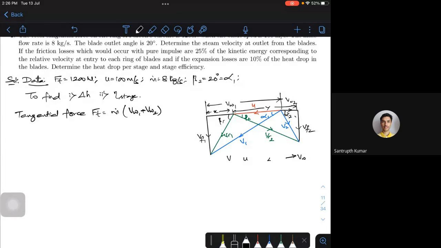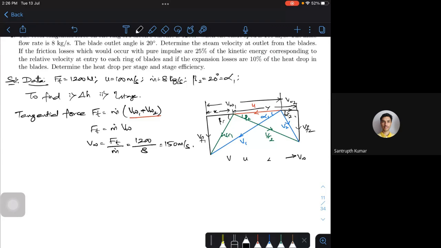If I call that simply VW, then VW is equal to tangential force by mass flow rate, which is 1200 by 8, which is 150 meters per second.